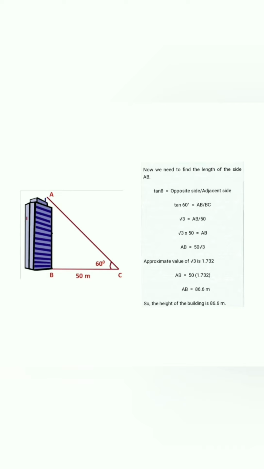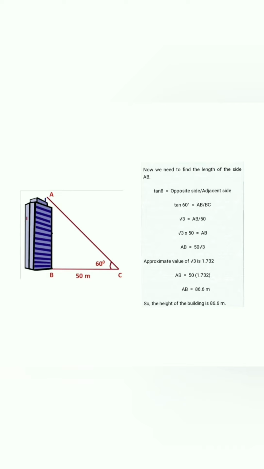AB equals 50 square root 3. The approximate value of square root 3 is 1.732. So AB equals 50 times 1.732 equals 86.6 meters. So the height of the building is 86.6 meters.